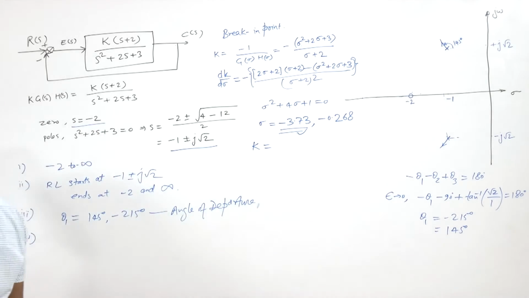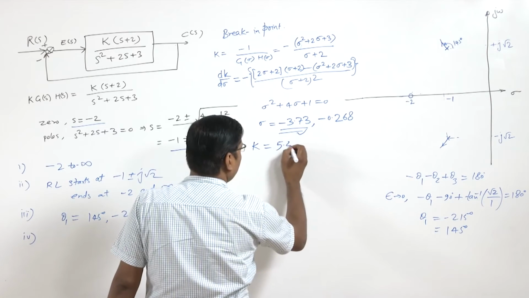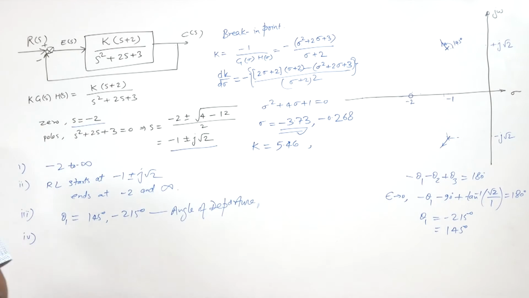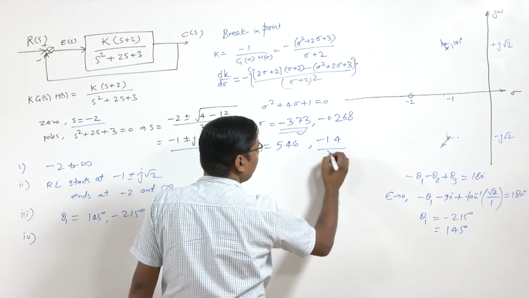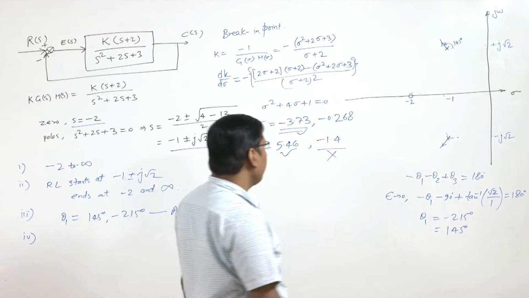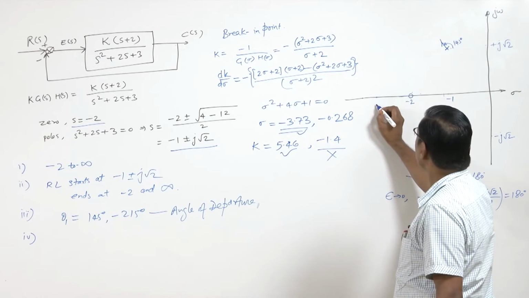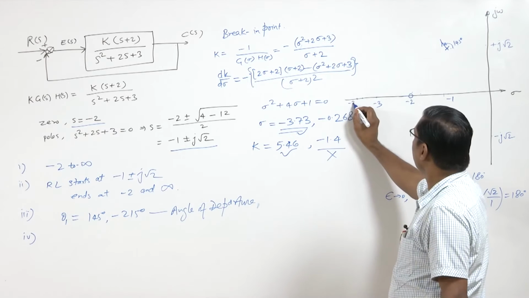So the gain we are getting is 5.46 for this, and for the other we are getting minus 1.4. This is negative gain, so we discard it, and this is the gain at which the break-in will occur. So this is minus 2 and this is minus 3, and break-in may occur here at minus 3.73.